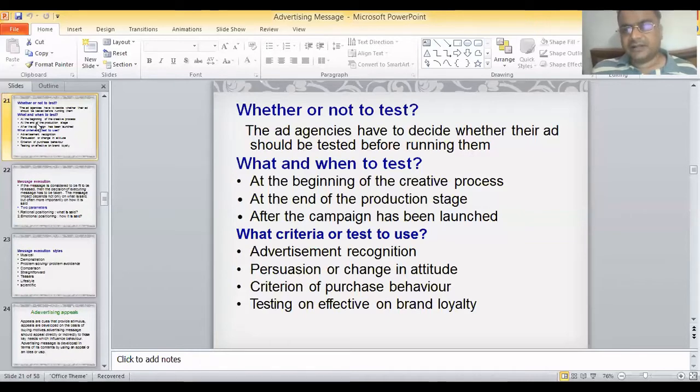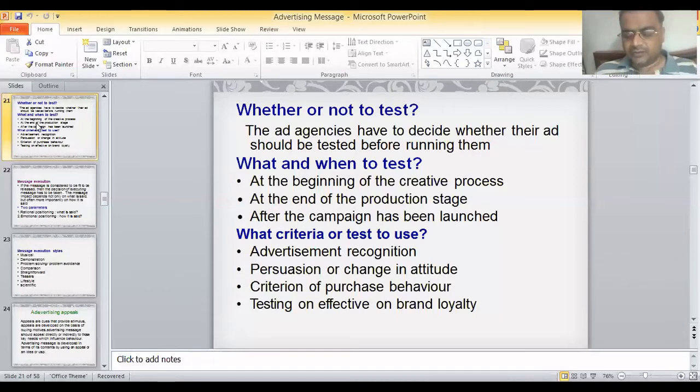Then the third one in the pre-testing line is the dummy magazine or portfolio test. Here, as I had mentioned in the previous lecture, a dummy magazine is given, and the ad is placed in the magazine.